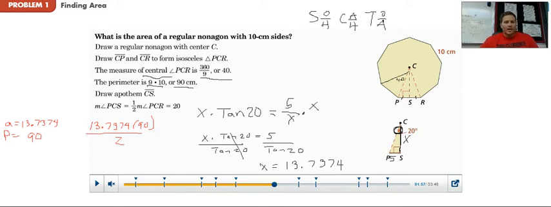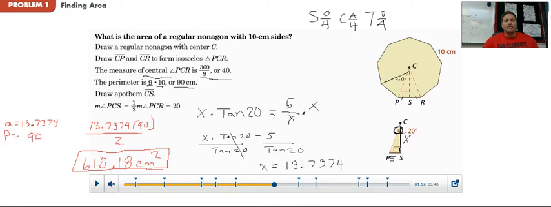So my area for this nonagon is going to be 618.18, and we'll just label this, we're talking in square centimeters, and it's area, so we have to make sure that we square those centimeters.